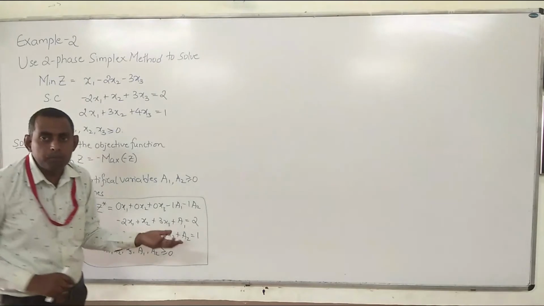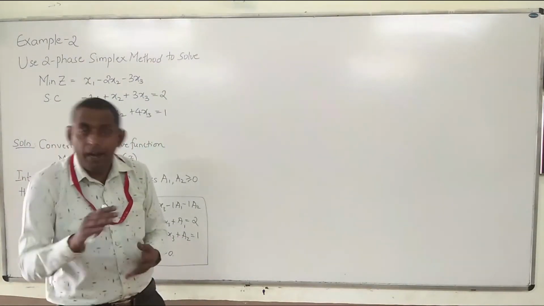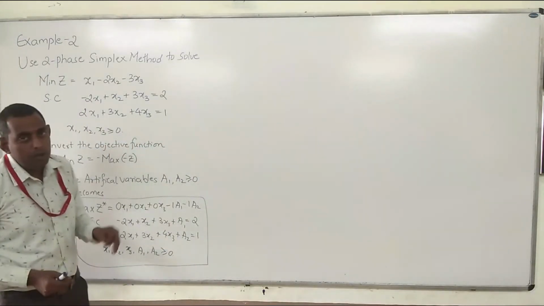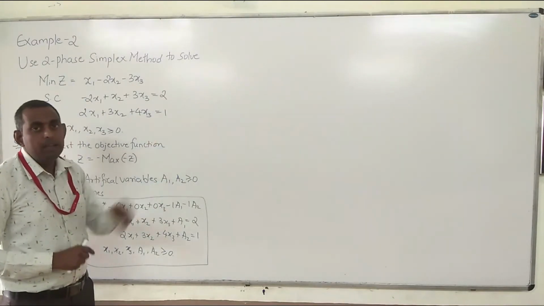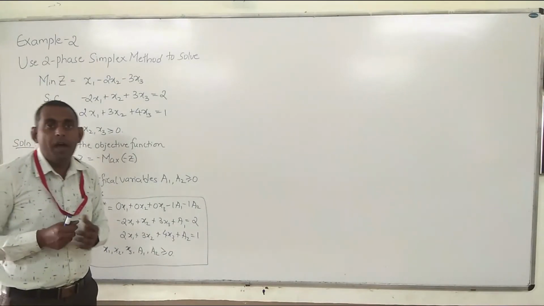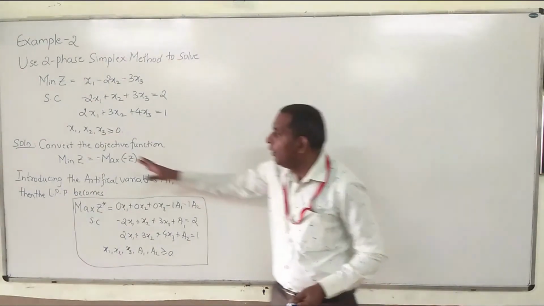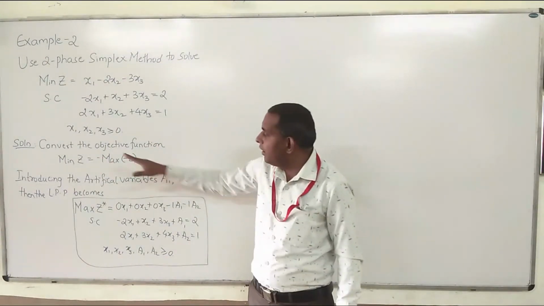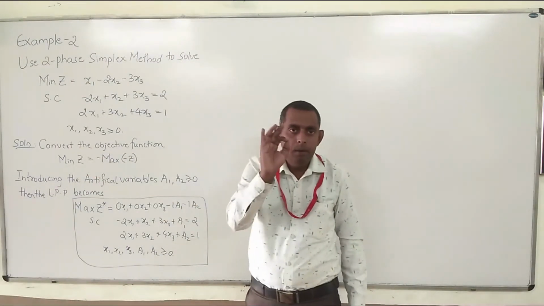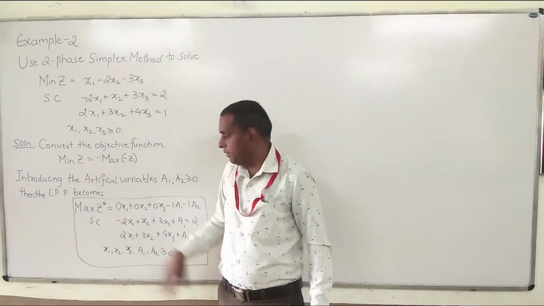In some previous problems, we introduced slack and surplus variables and also artificial variables; introducing slack and surplus variables depends upon the given LPP. As we are solving this problem using the two-phase simplex method, the rule is that the auxiliary LPP should be maximization, so we converted minimization to maximization.